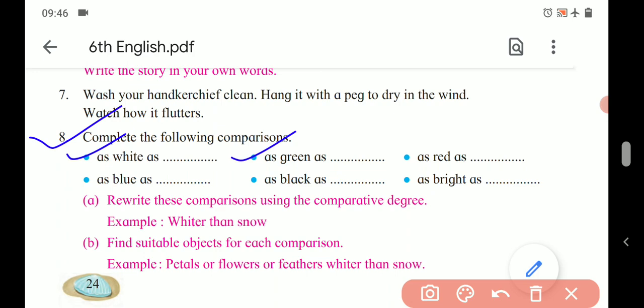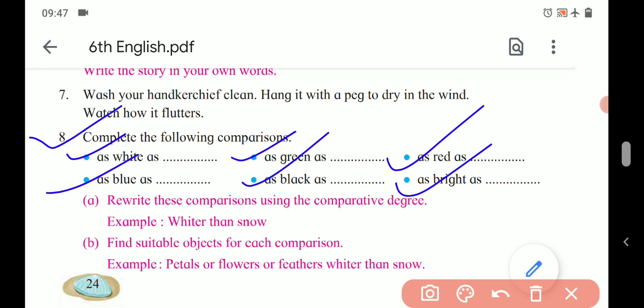So you can write as green as grass, as green as emerald, as green as leaf, etc. Next, red as, you can write as red as cherry, as red as rose, as red as tomato, etc. Next, as blue as water, as blue as the sky, as black as coal, as black as hair, as black as night. Next, as bright as a star, as bright as the sun, as bright as eyes, etc.